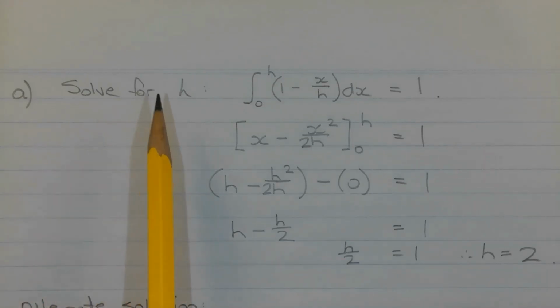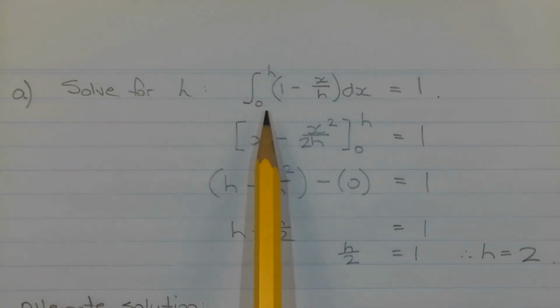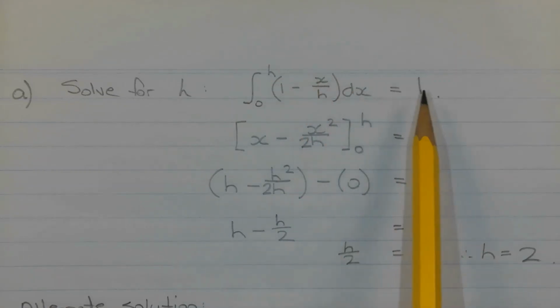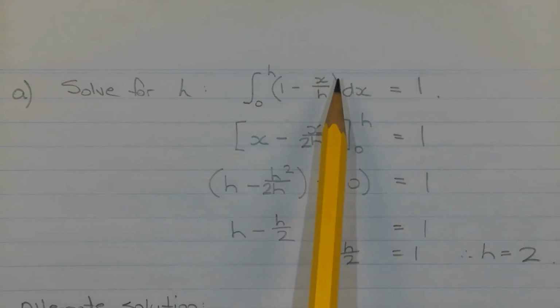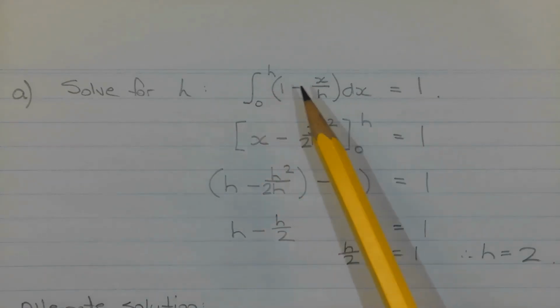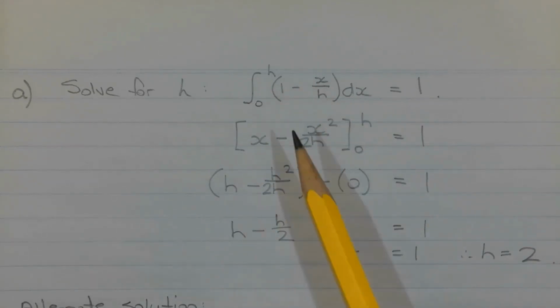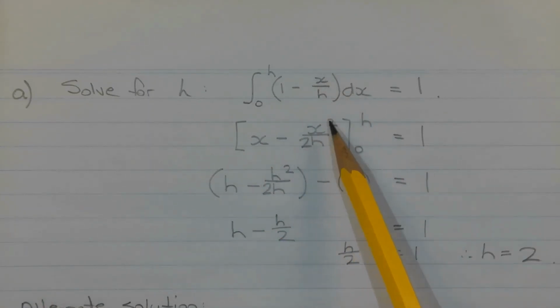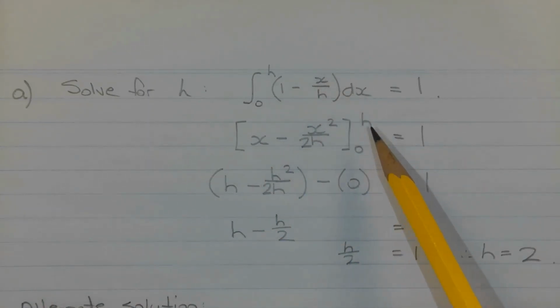So we want to solve for h, the equation, the integral from x equals 0 to h of 1 minus x over h dx equals 1. Now it equals 1 because the sum of the probabilities must equal 1. Noting that h is a constant, integrating 1 minus x over h, we get x minus x squared over 2h from x equals 0 to h equals 1.